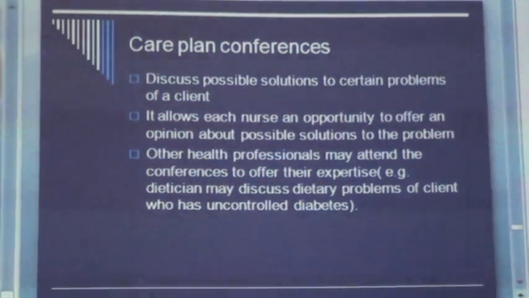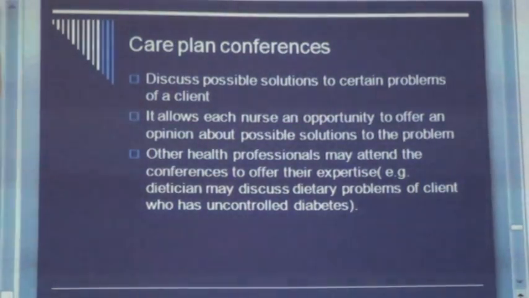Next is care plan conferences. It is most important in today's setting. Discuss possible solutions to certain problems of a client. If the client is a complicated case, then one nurse may not assess the client successfully. So two or three nurses can assess him, and there may be a conference.